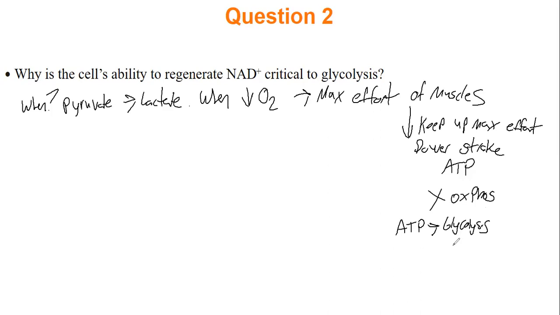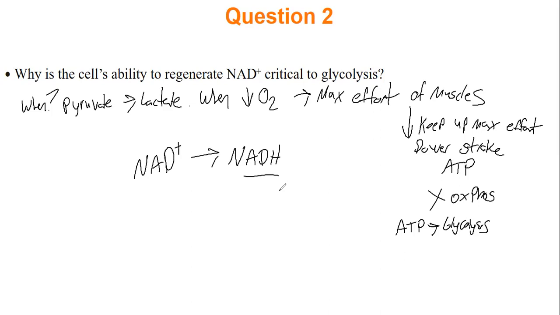If you remember some of the steps of glycolysis, they take NAD plus to make NADH, right? However, at the very end of glycolysis, you aren't using that NADH, and we can't use it because we're not doing oxidative phosphorylation.